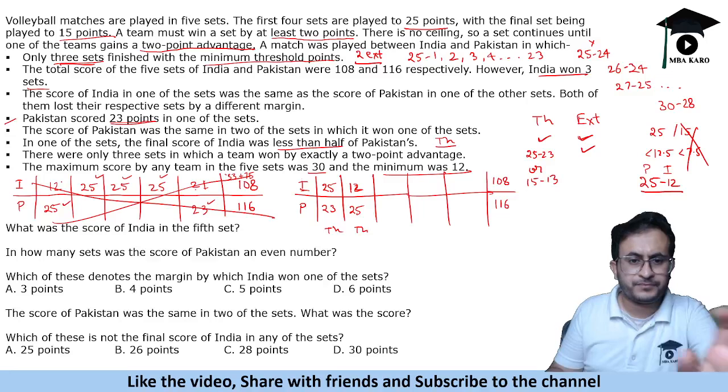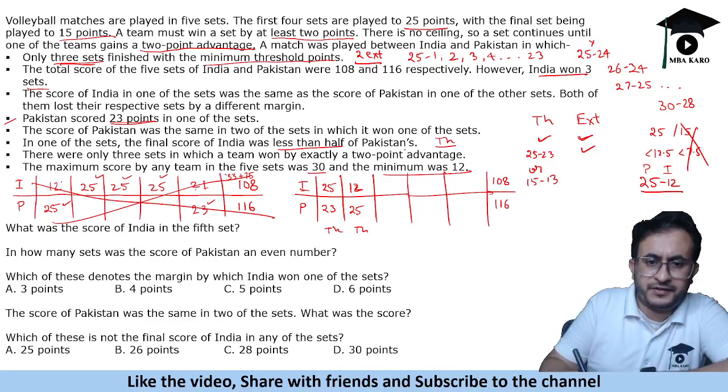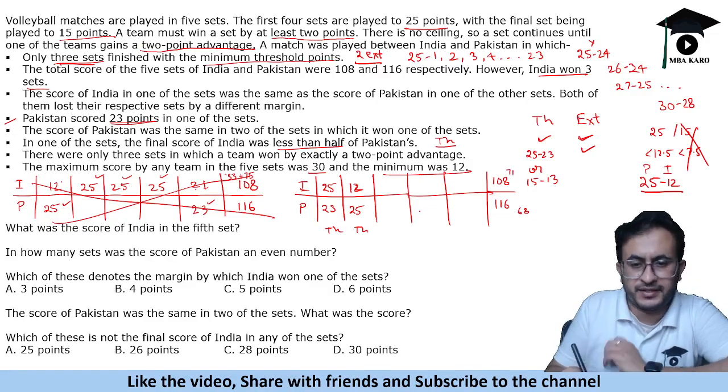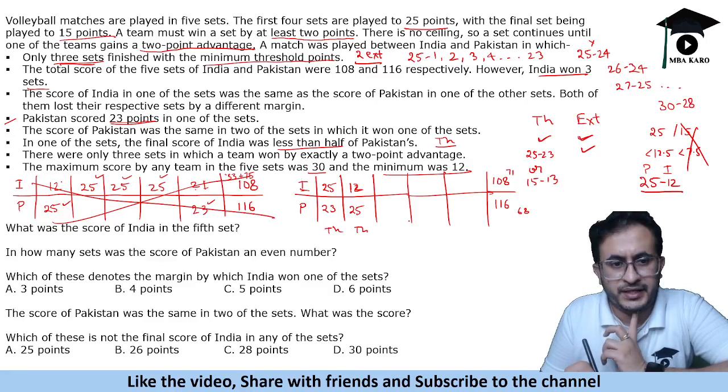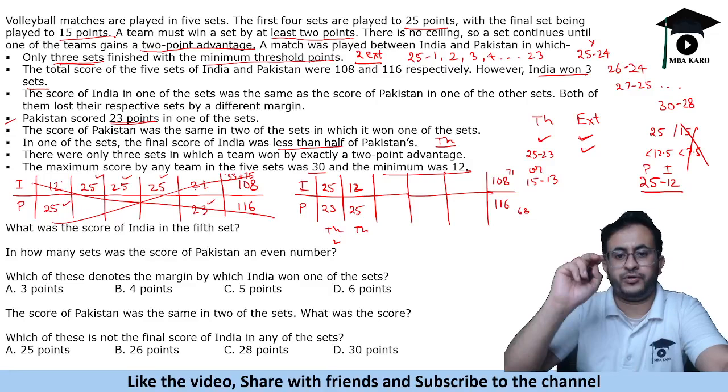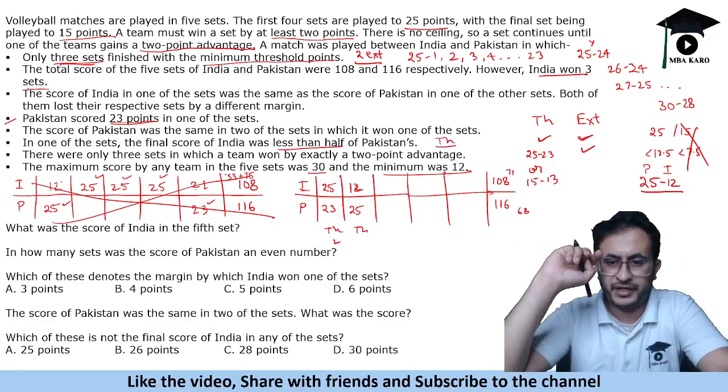Okay, alright, now we will find the remaining points, right? 48, the remaining points are 68, and the remaining point is here 37-71, right? That is one thing done. And then we have the 2-point advantage, so there have to be 2 more wins with a 2-point advantage.